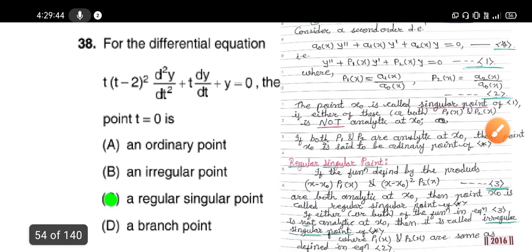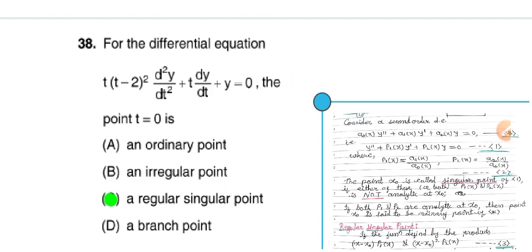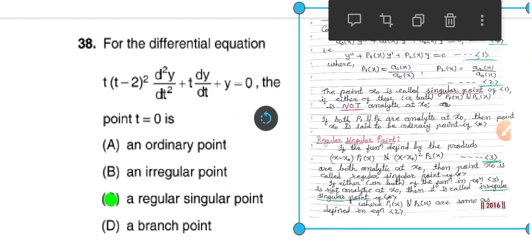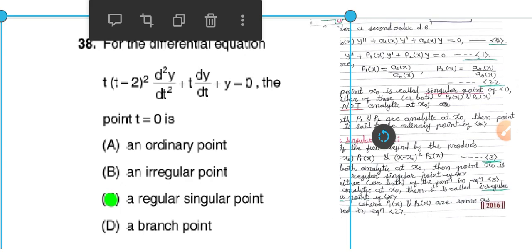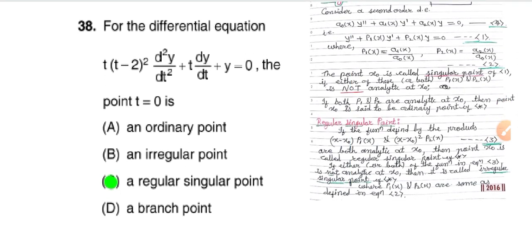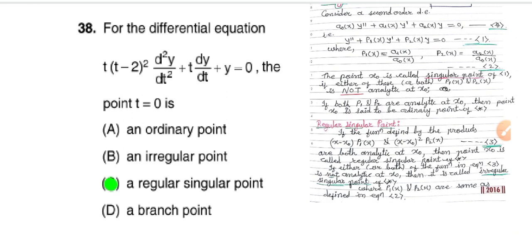For the differential equation (t minus 2) square d²y/dt² plus t dy/dt plus y equal to 0, then the point t is equal to 0. Here is one result. Consider this for a singular point.